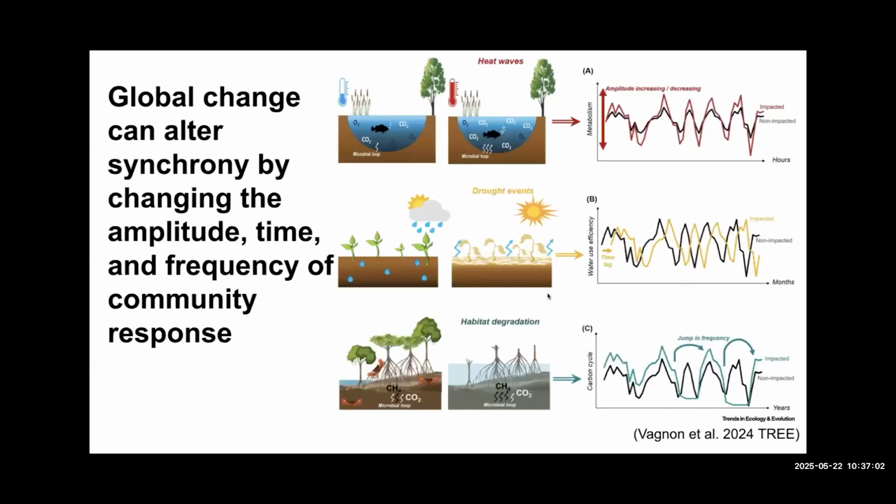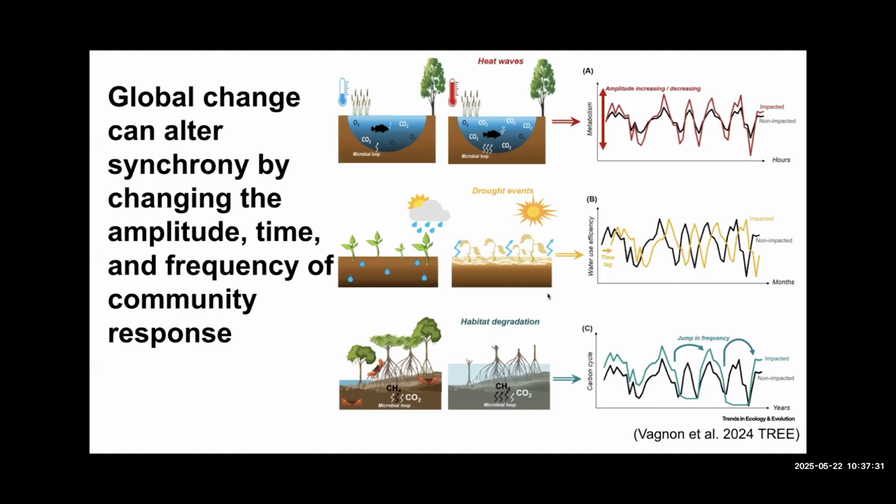Next. Also, we were expecting that, if we assume that under controlled conditions, above and below ground components both fluctuate in synchrony, there is no data to know that, but we can assume that in controlled conditions, they can fluctuate synchronously. Then we would expect that in response to global change, one of them or both of them can start to fluctuate out of phase.